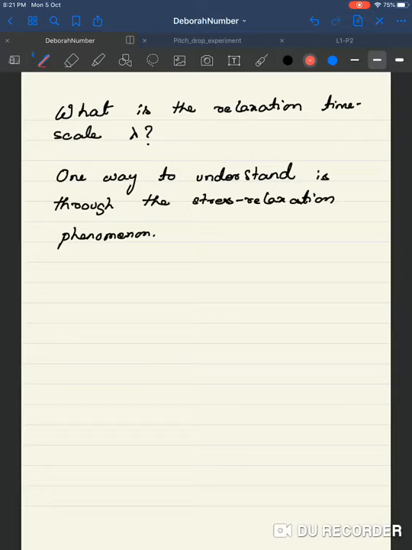So let us consider our previous problem, the example that we are considering, which is, let's say there are these two walls, and there is some material that is filled in here. And you apply a known amount of strain. So you move this wall to give the system a known amount of strain.